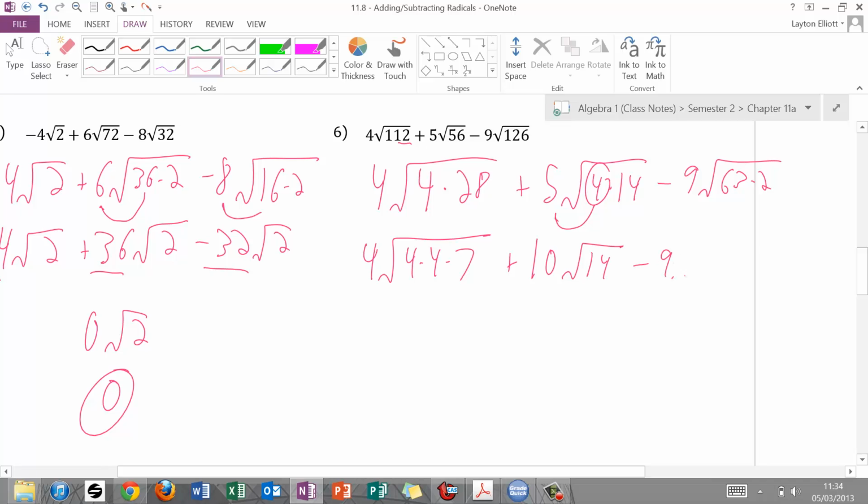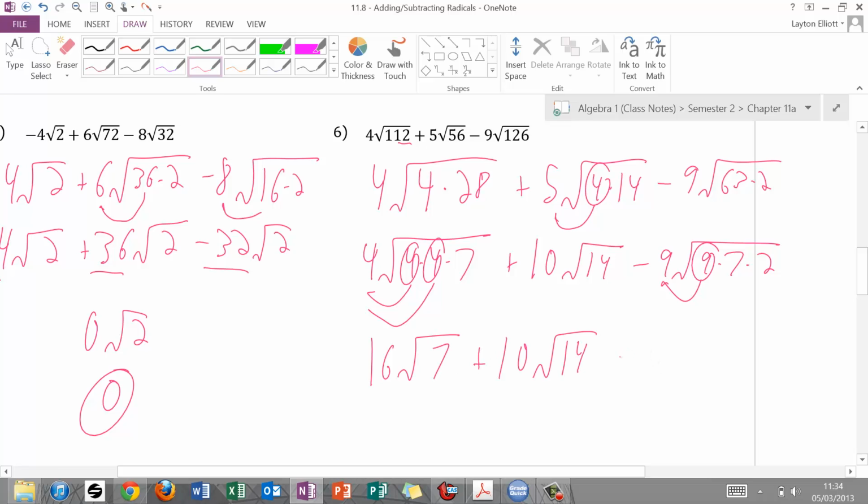And then 63 is 9 times 7, so I have 9 times 7 times 2. Those can come out. So 4 times 2 times 2 is 16. So I'm going to 16 root 7, plus then I have 10 root 14, minus 3 times 9 is 27 root 14, because 7 times 2 is 14.